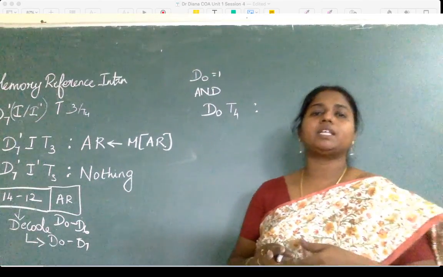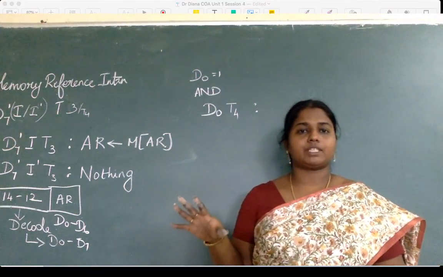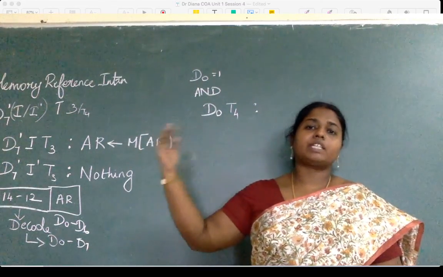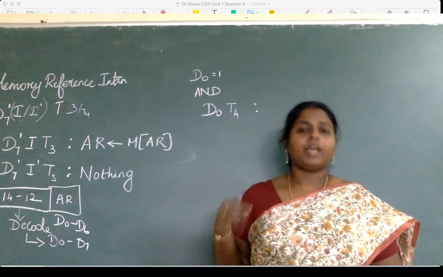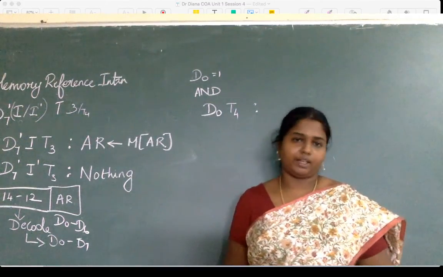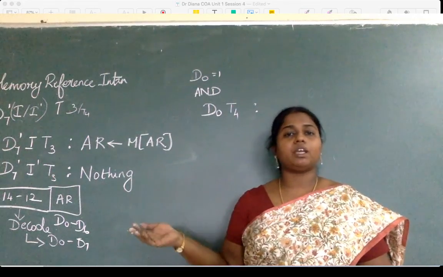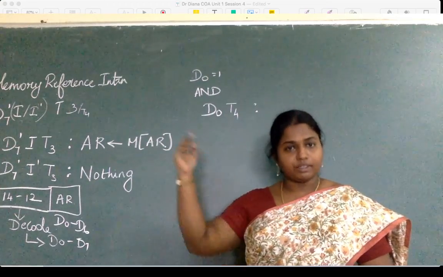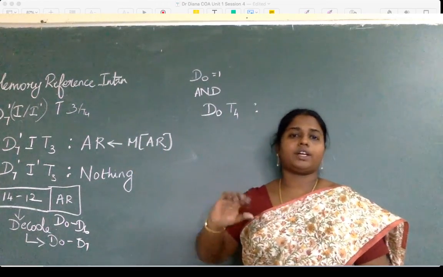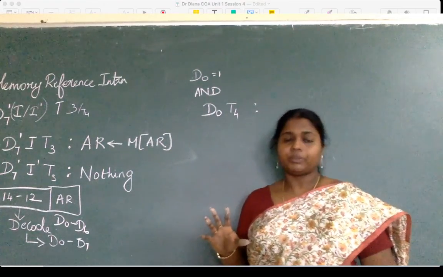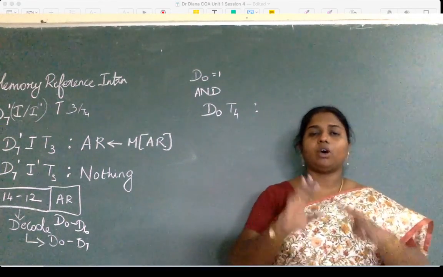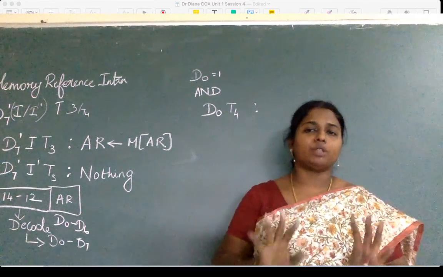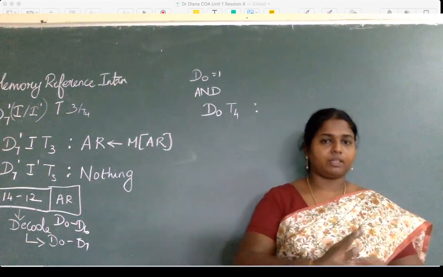Every time memory is accessed, the address is placed in the address register, and whatever content is to be read from memory is first brought into the data register, and then you do some operation with the data register. If I want to write something into memory, I place the address in the address register, and I place the data which is to be written into memory either in the accumulator or in the data register. So every time I read from memory or operate on some data which is in memory, it should either be brought into the accumulator or into the data register. Only then can I perform that operation.